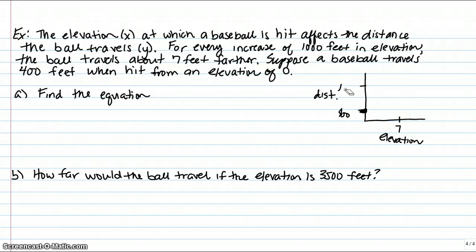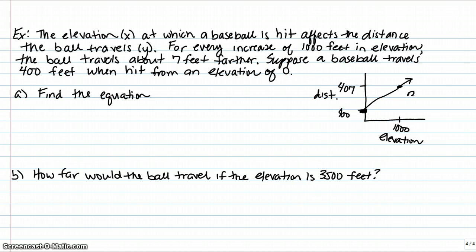Oh, I have that backwards. Be careful. For every 1,000 feet in elevation, we're going to go 7 further. So 7 more than 400 is 407. So I'm going to go up 7 and over 1,000 to get my new point.